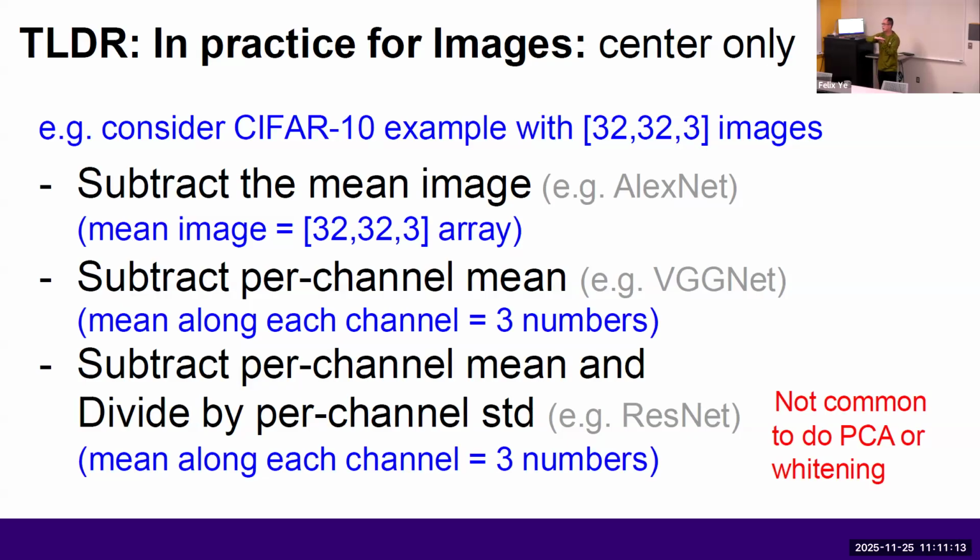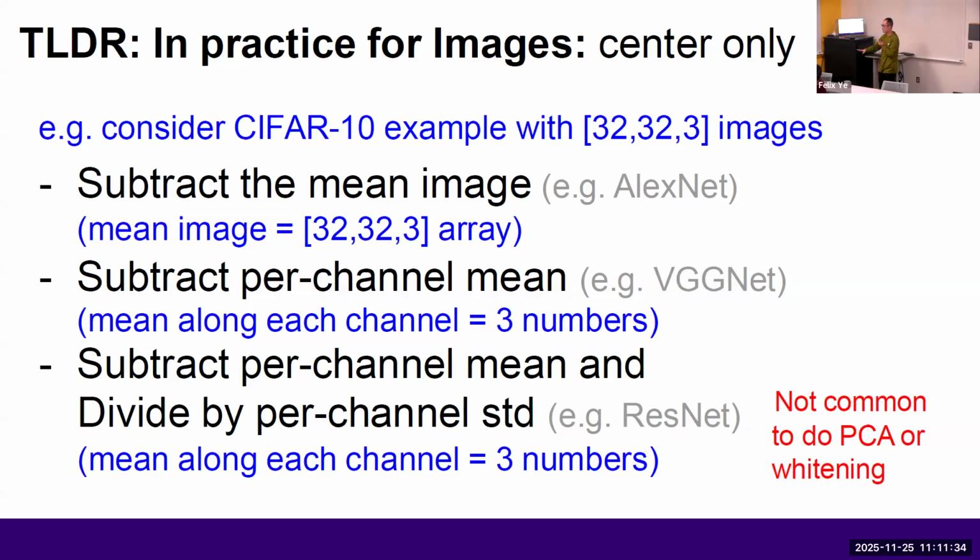Each channel has its own mean, and you subtract the mean along each channel. That's used in VGG. You can also subtract the per-channel mean and divide by the per-channel standard deviation, which has been used in ResNet.